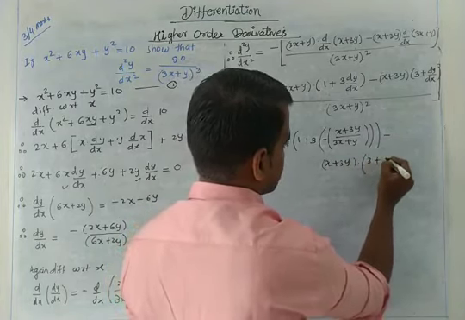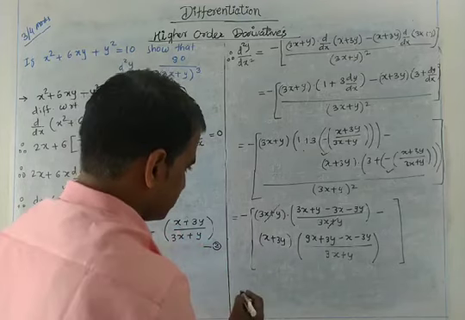Now this 3x plus y and 3x plus y get cancelled.